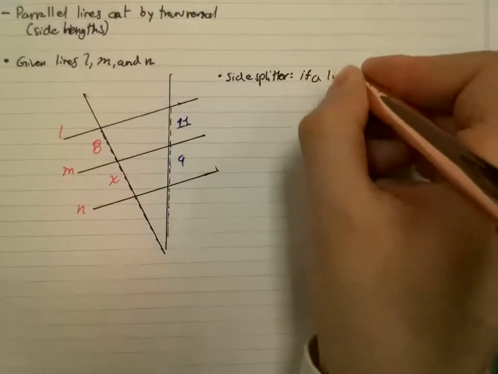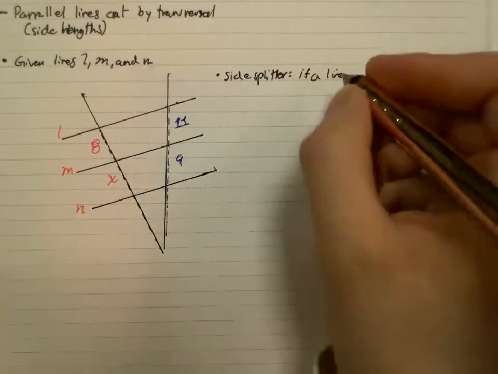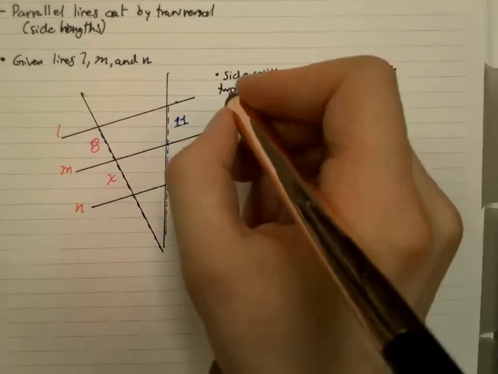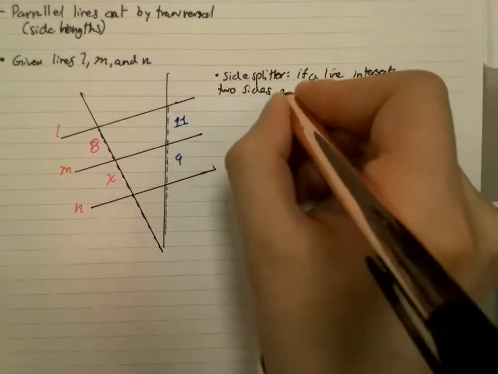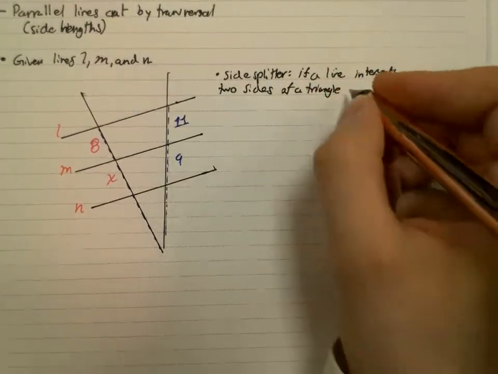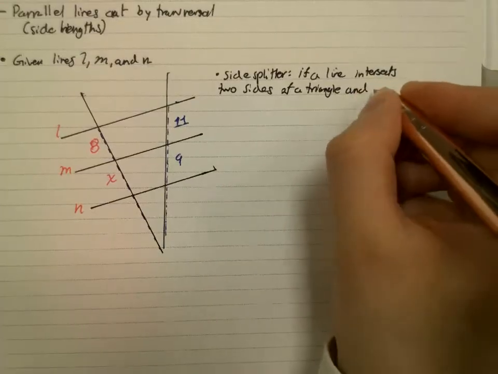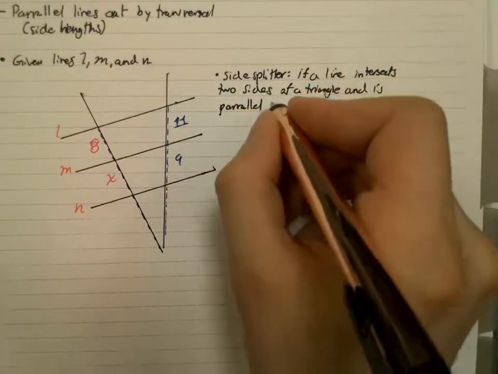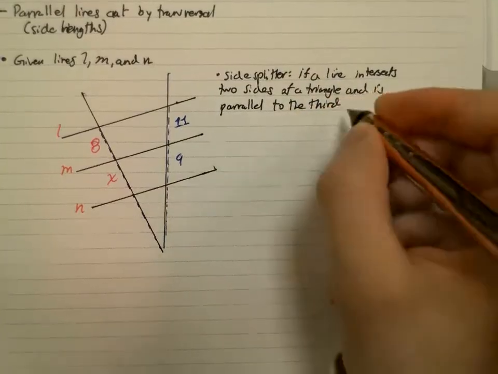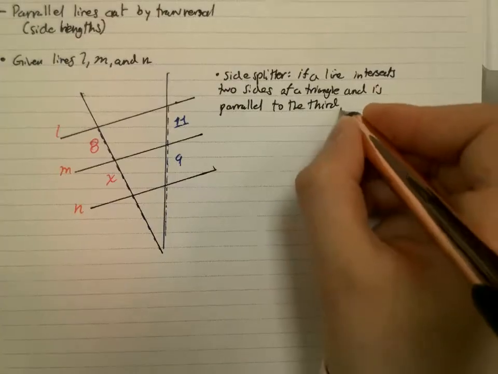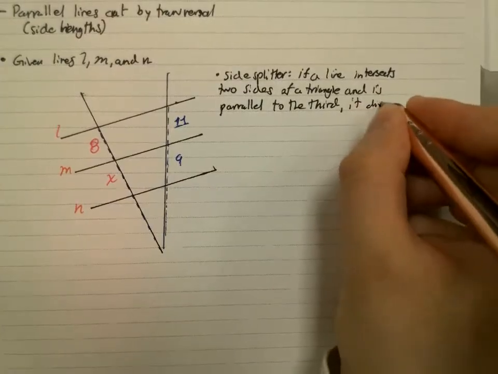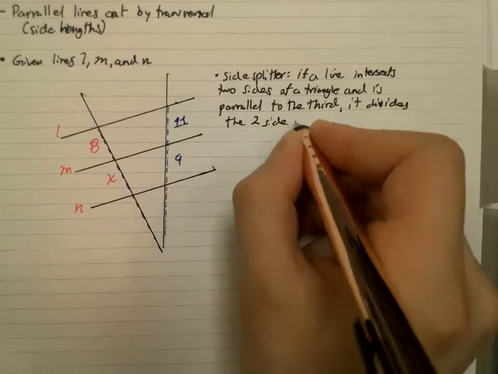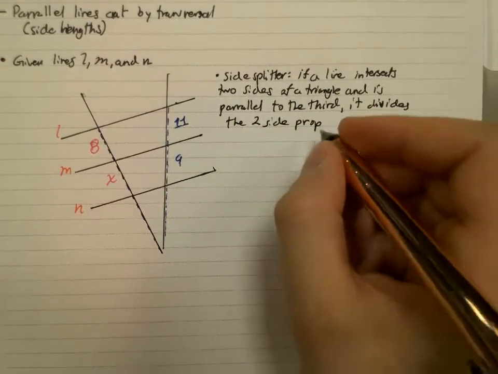Which means if a line intersects two sides of a triangle and is parallel to the third side, it divides the two sides proportionally. And that's the key word here to remember about, proportionally.